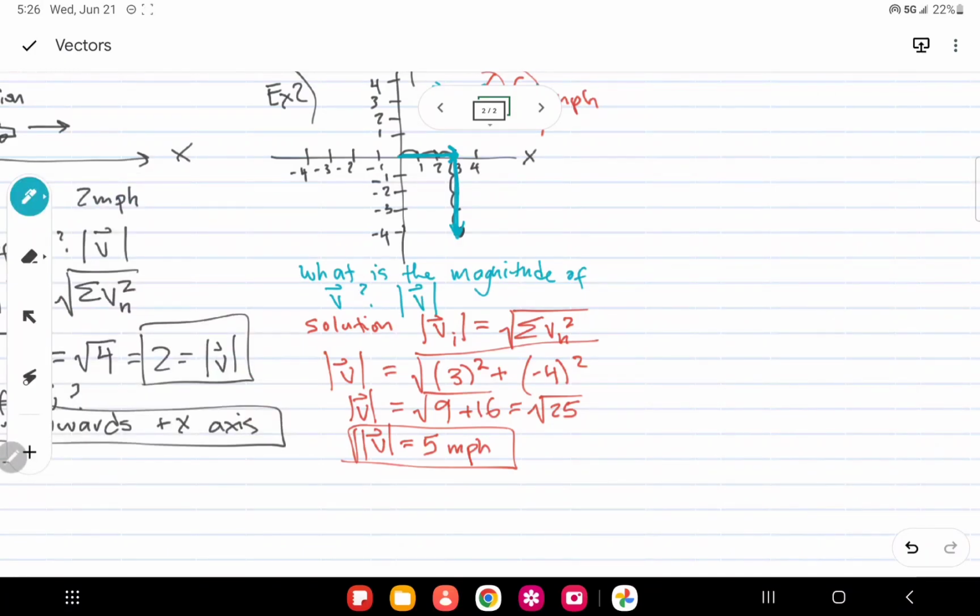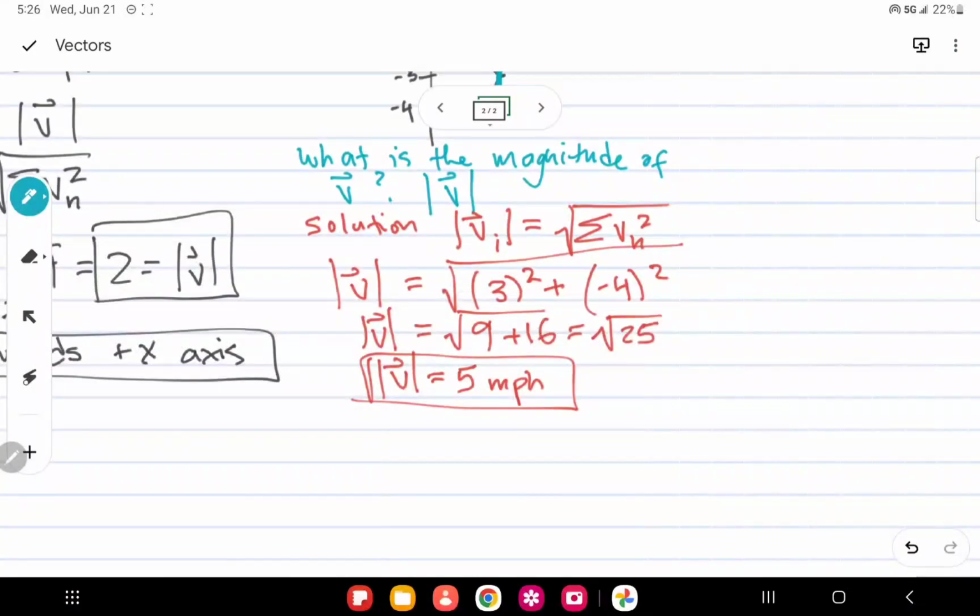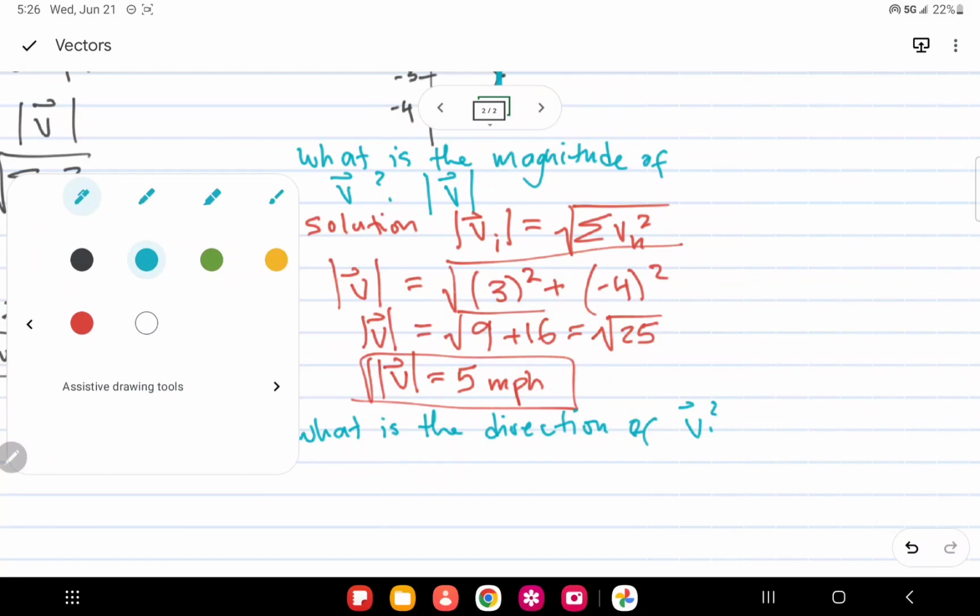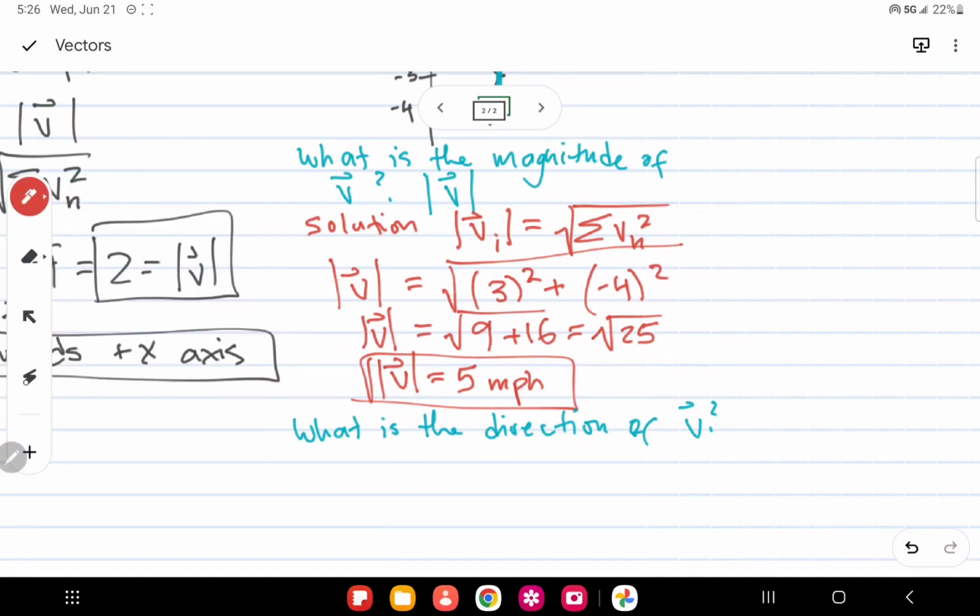Now, the next part of this question would be, what is the direction of vector v? Okay?